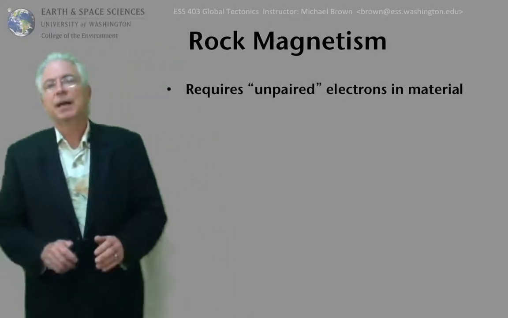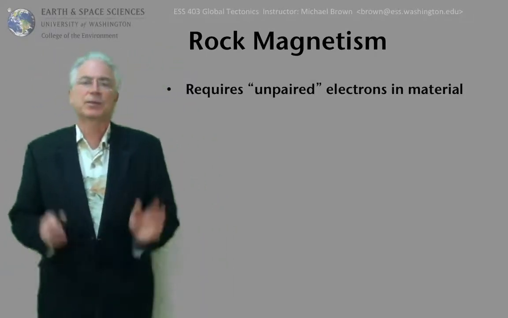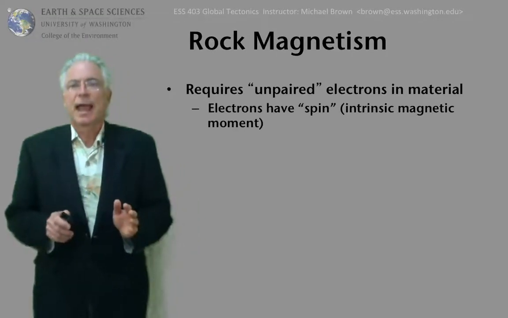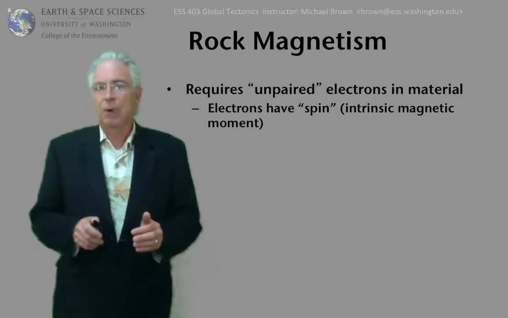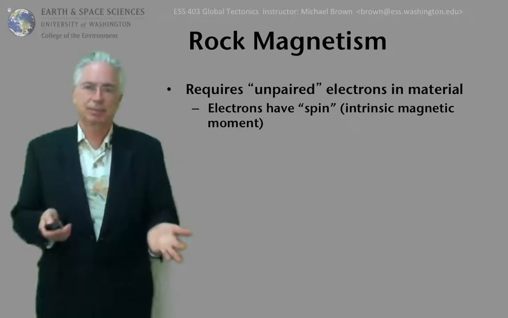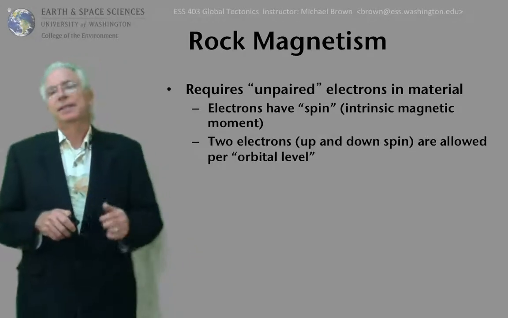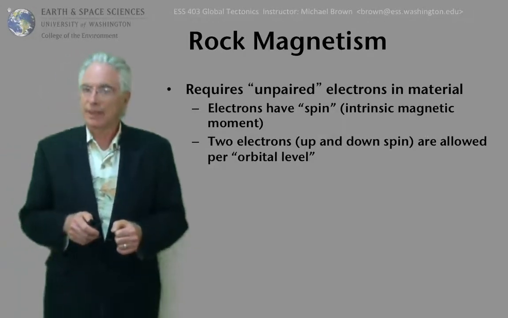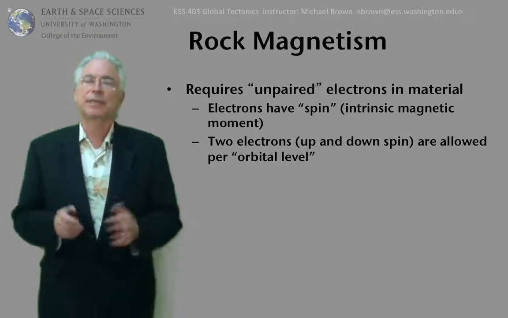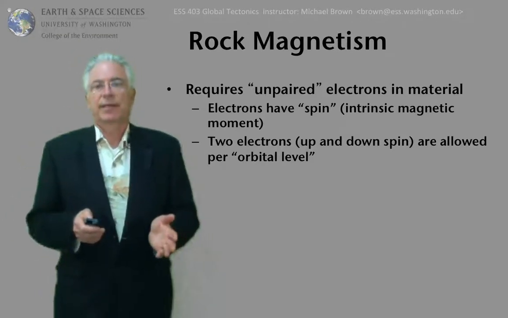First of all, we need unpaired electrons in materials. Now, why is that? Well, basically, electrons have an intrinsic magnetic moment. We call this magnetic property of an electron its spin. The second thing you need to remember from basic chemistry is that 2 electrons are allowed in each orbital level of an element.